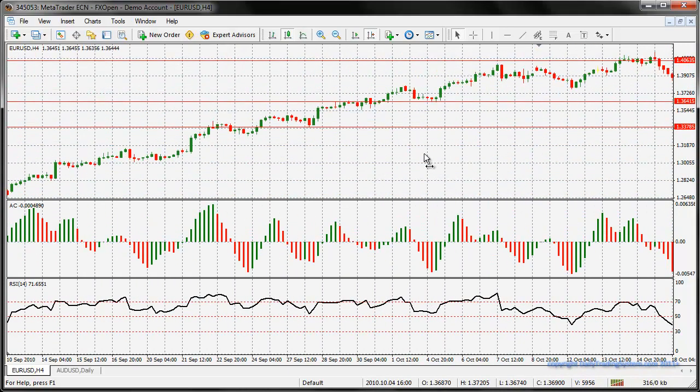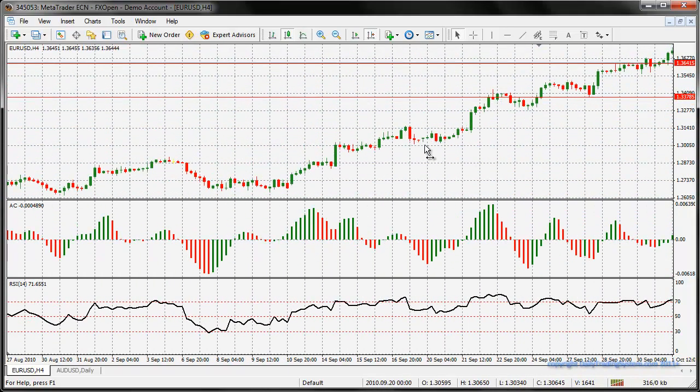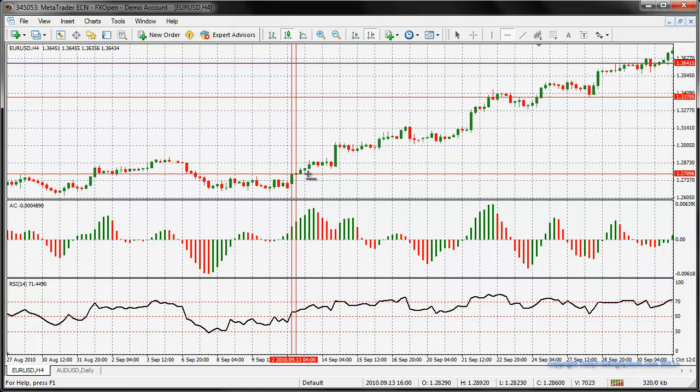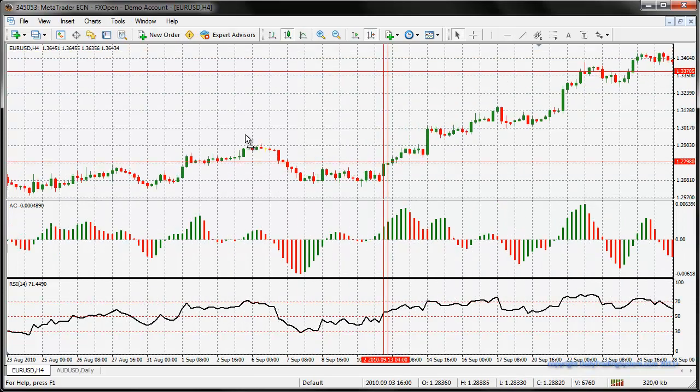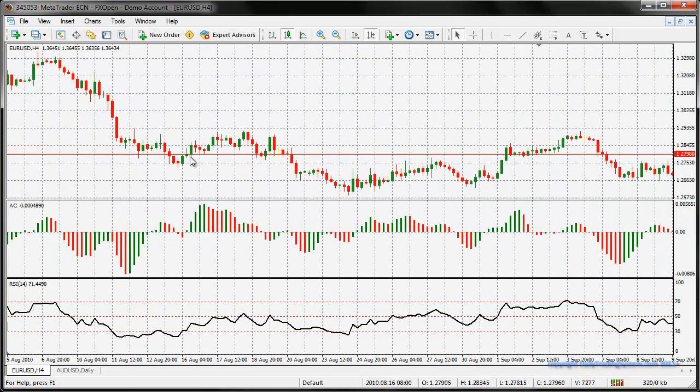So let's go back and see if we can find some more buy signals. Okay, here's another one. Can we squeeze that to the next? No. Okay, and then look at the next bar. So it's 4 bars here, and our entry price would be there. And this would make me a little bit nervous.